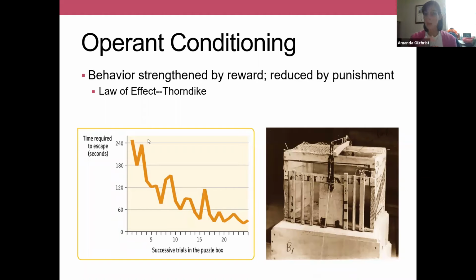By and large, a cat's first escape from the box will be accidental, but there's still learning going on. We find that with successive trials, the cat gets better and better at escaping from the box very quickly, indicating that it is learning from what is happening to it. And it's learning that the quicker it gets out of the box, the more quickly it gets that plate of fish.